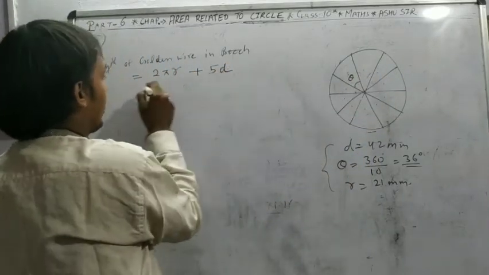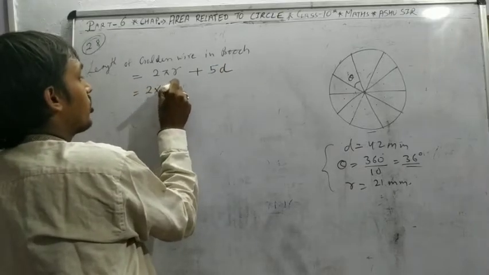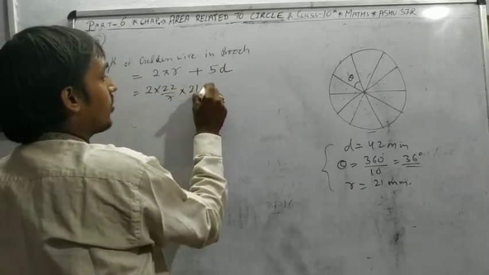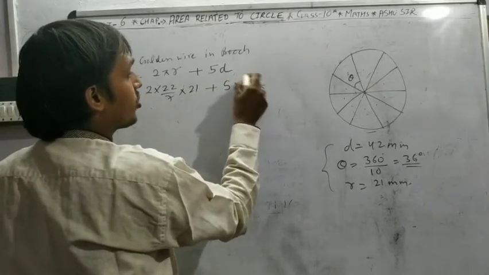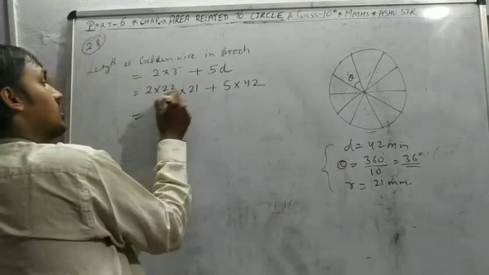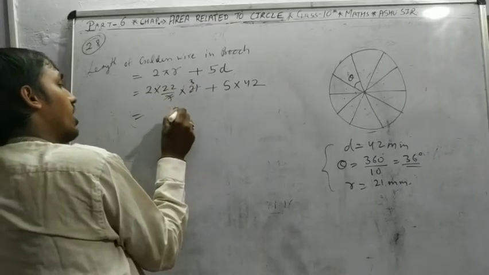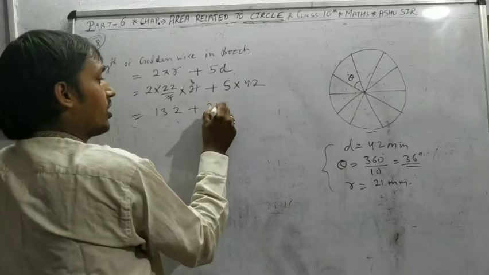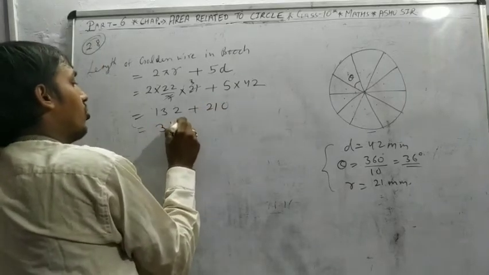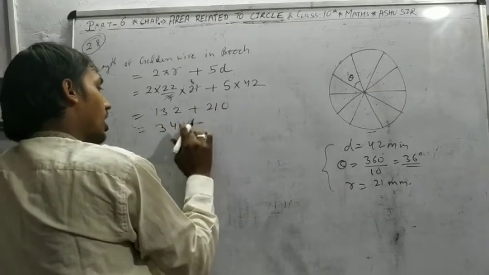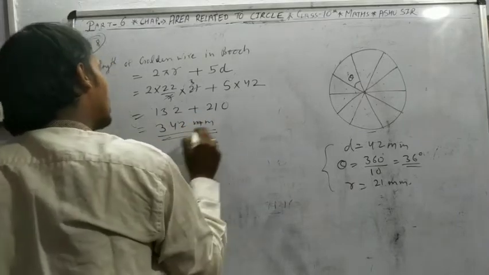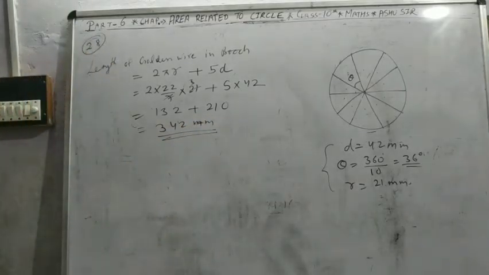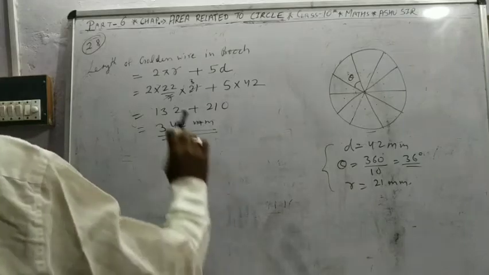So 2 into 22 upon 7 into 21 plus 5 into 42, diameter is 42 mm. 7 3s are 21, 3 2s are 6, 6 2s are 12, plus 5 2s are 10, 5 4s are 20, so 342 mm is the length of golden wire used to make this brooch. Means total length of golden wire is 342 mm in this brooch.